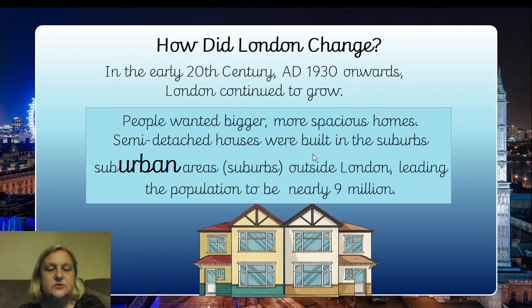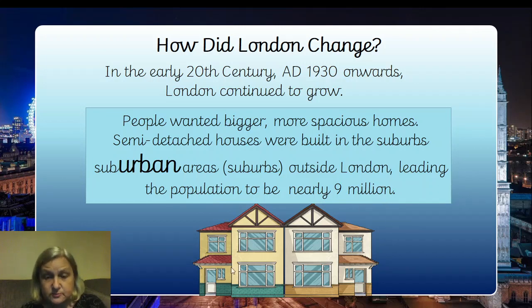The suburbs, or even known as the burbs, are residential, so where people live essentially, outside of a main city or town, and because of that spread of building from the 1930s, the population increased to nearly 9 million.